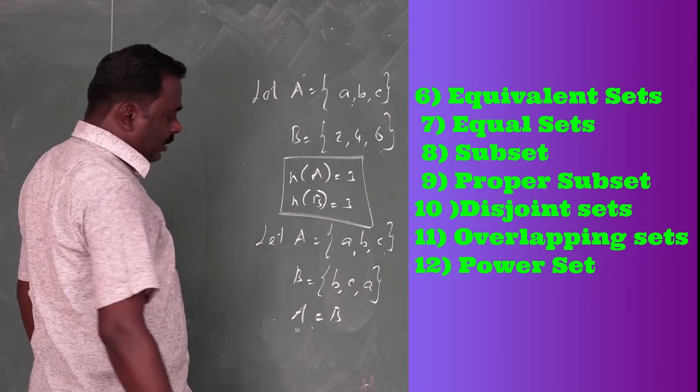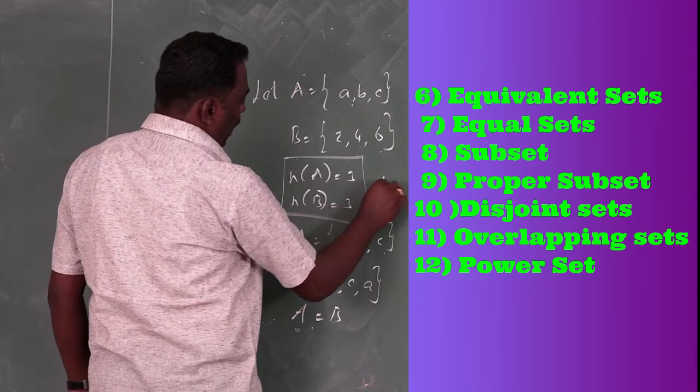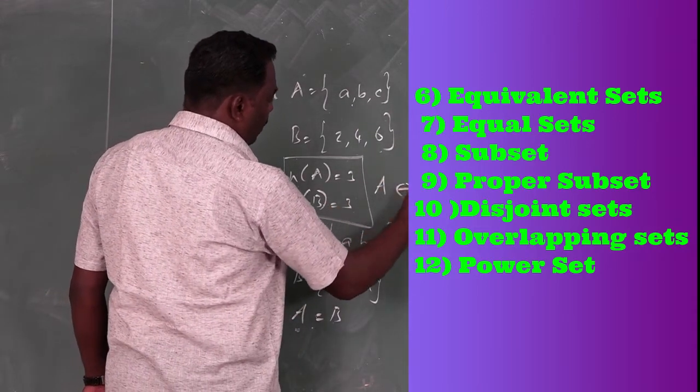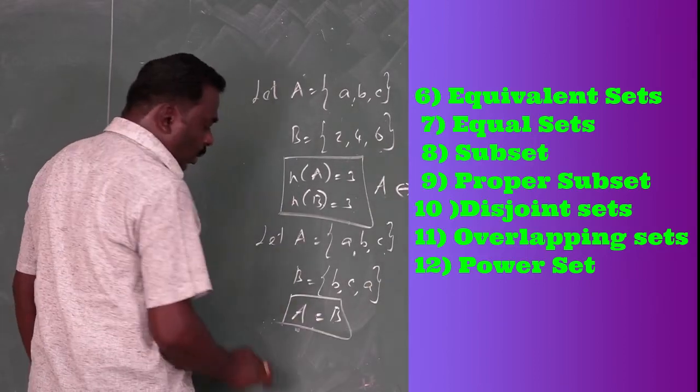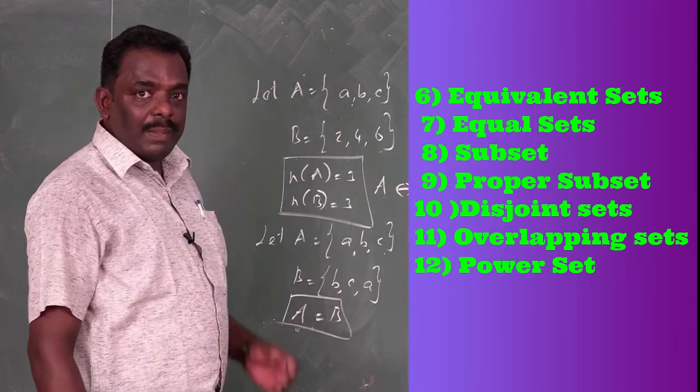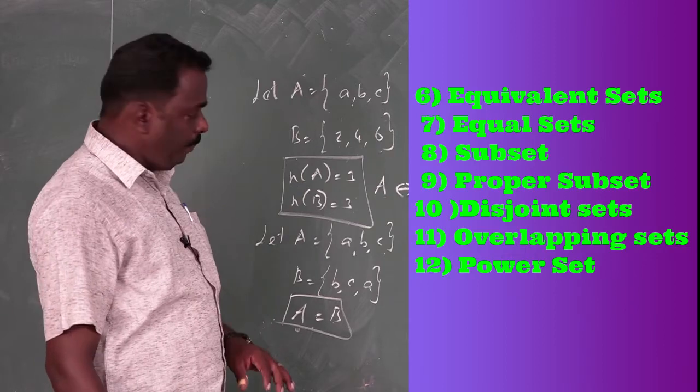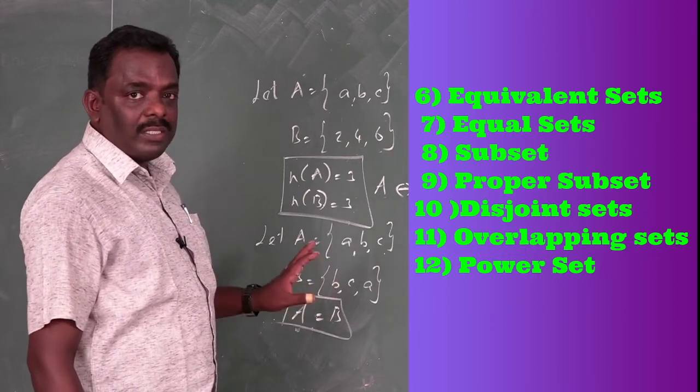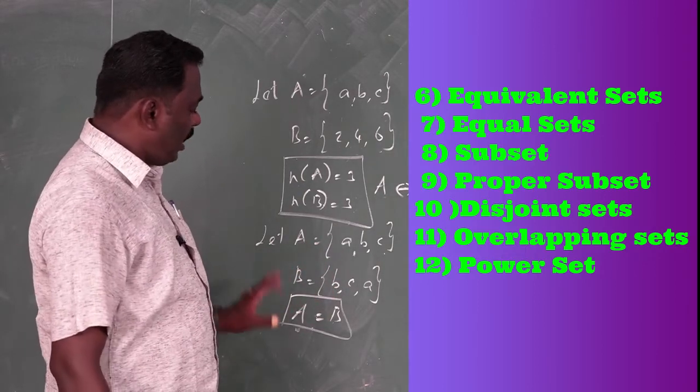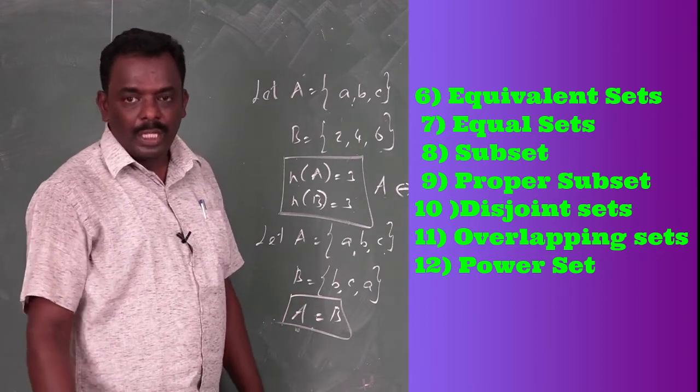A is equivalent to B, and A is equal to B. The number of elements in A and B is the same, and the elements are also the same.